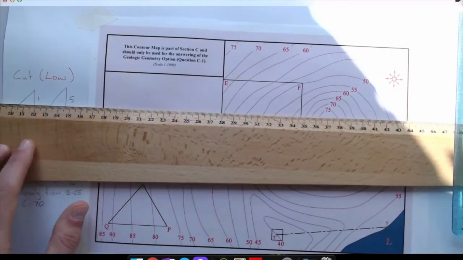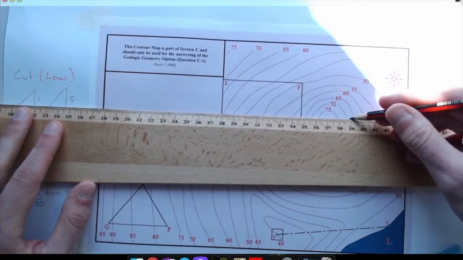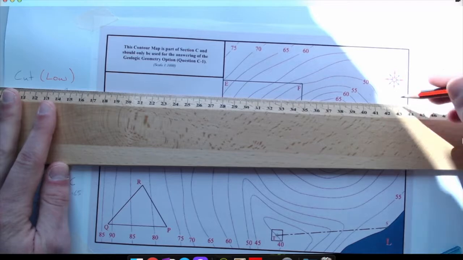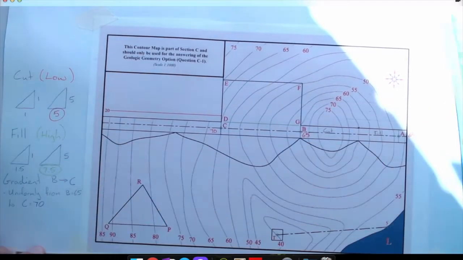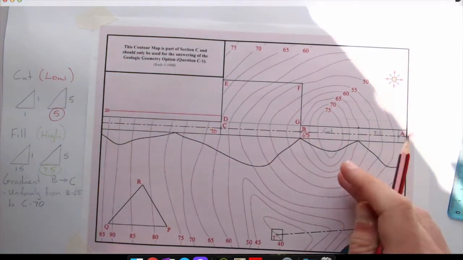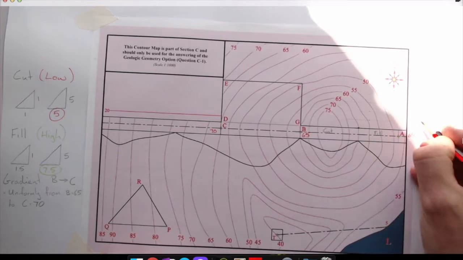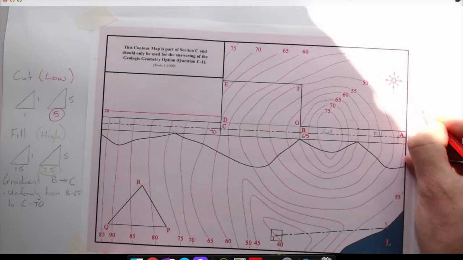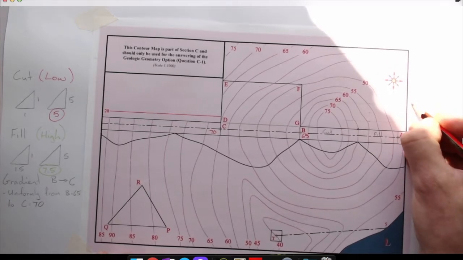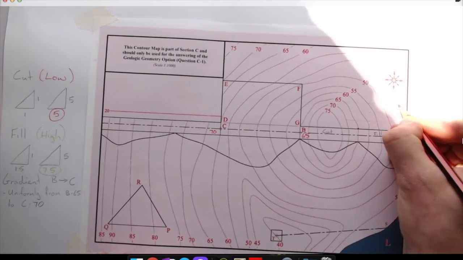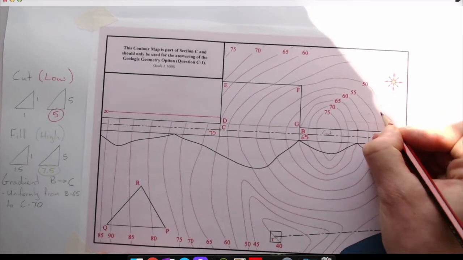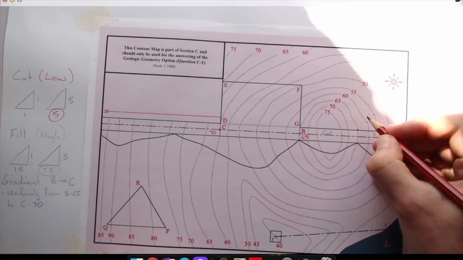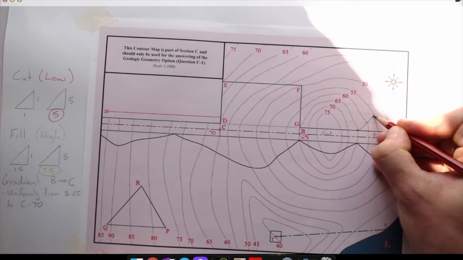Bear in mind I don't want it to go too far. I don't want it to go into the cut very much because the cut's going to be happening. I don't want to go on top of it. So I have my 65, my 60, my 55, and my 50. Then I'm going to have 50, 55, 60, and so that's going to be my fill there.